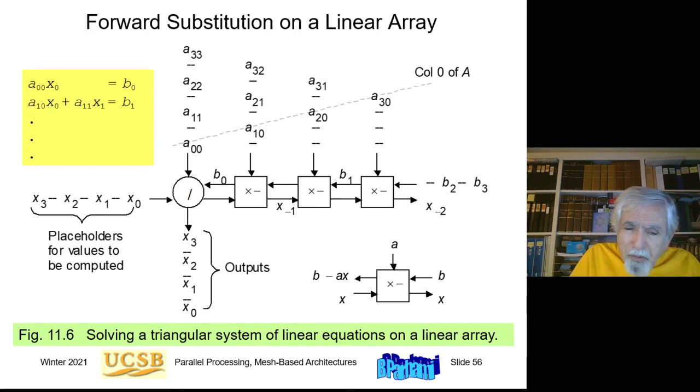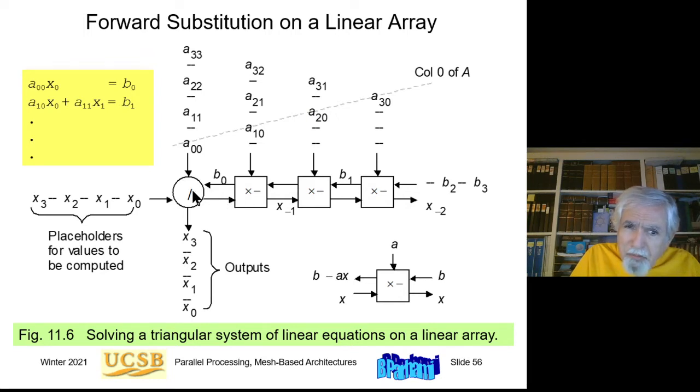Okay, and notice that inputs come in on every other clock cycle. So these dashes represent idle cycles where no input is presented. Similarly here. The reason for that becomes clear in a second.